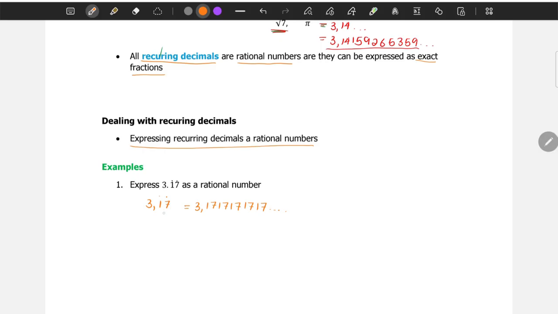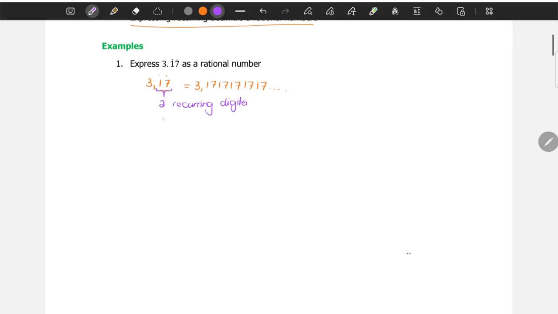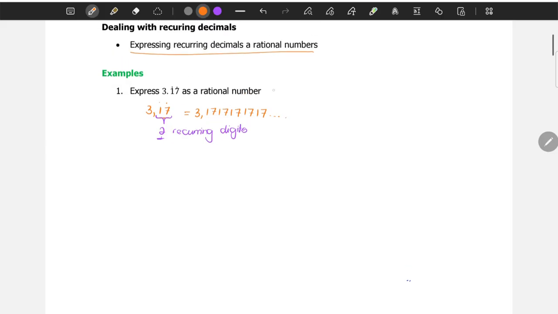So if we look at it, we have 2 recurring digits after the decimal point. Since we have 2, this is going to be an indicator of what you have to do next. We want this to be a rational number, which means an exact fraction.